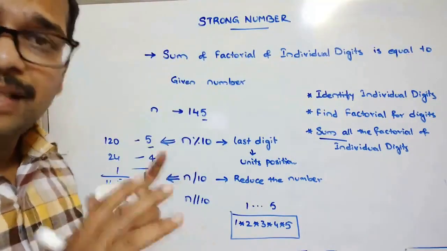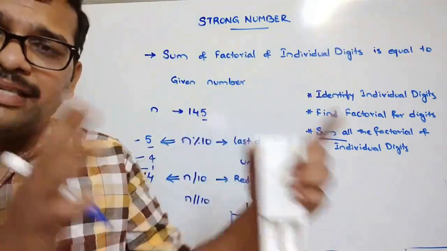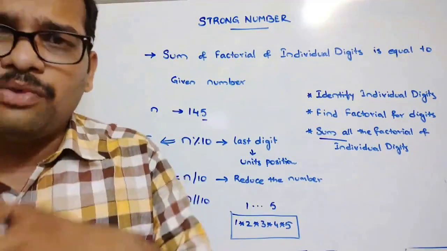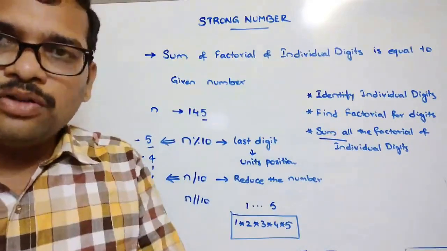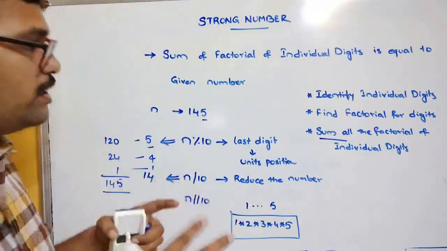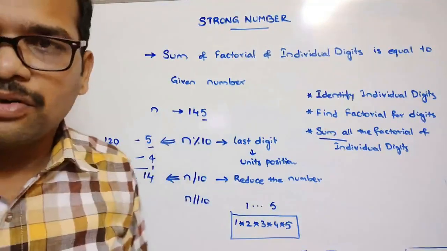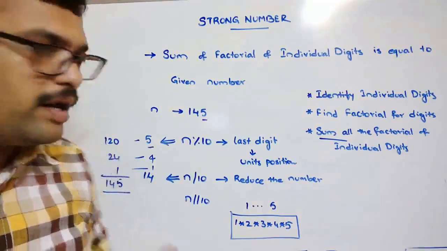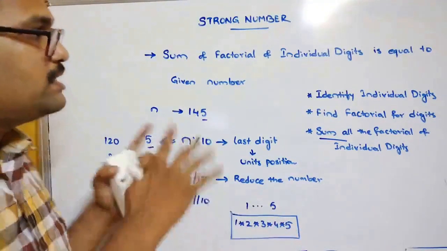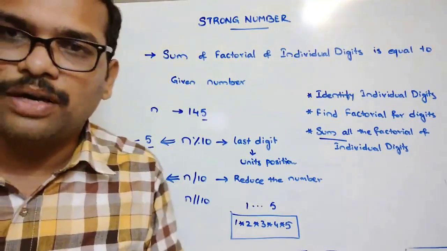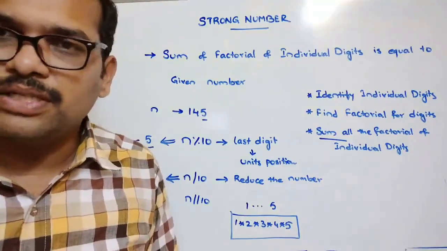You can implement this logic using C, C++ or Python, using the corresponding syntax. Now let's move on to the system, and I will show you executing the same thing using a Python interpreter, to check whether the given number is a strong number or not.